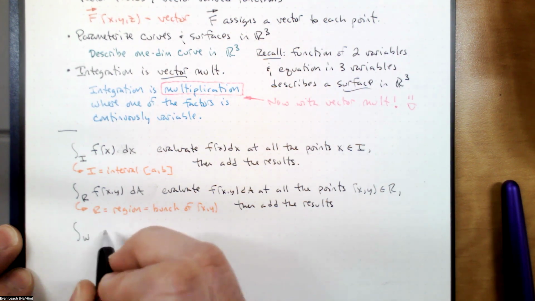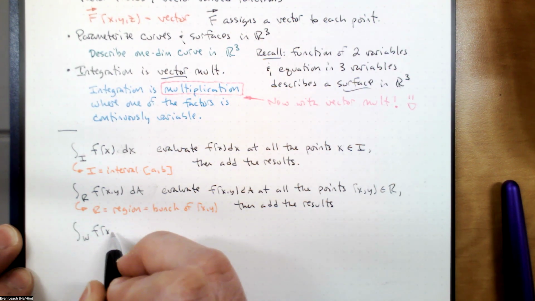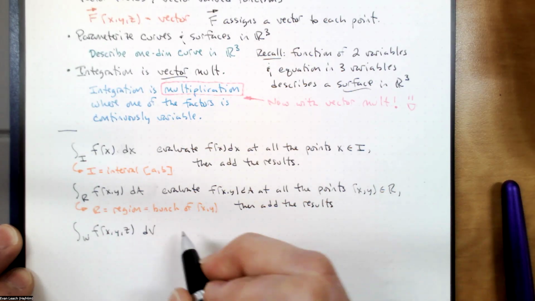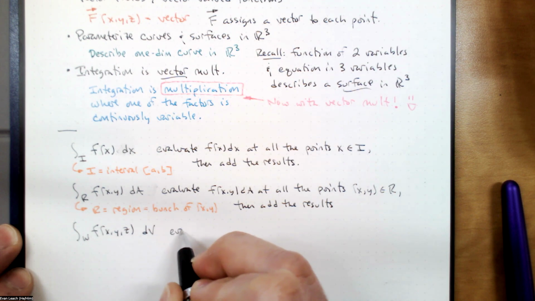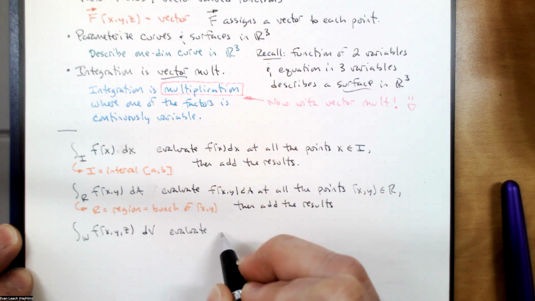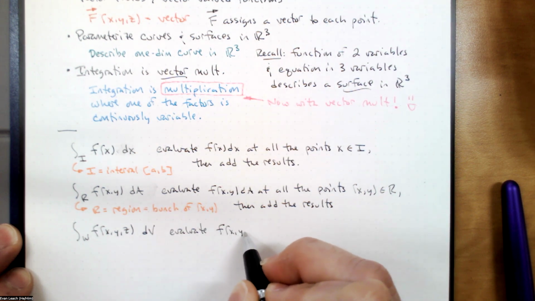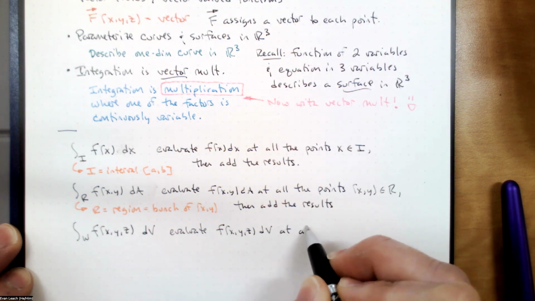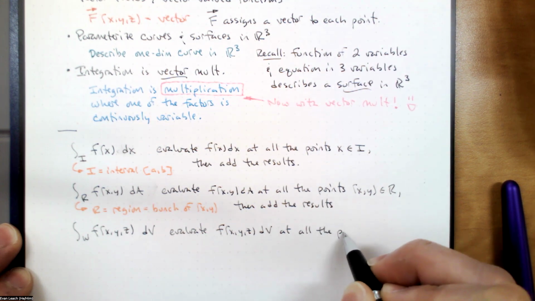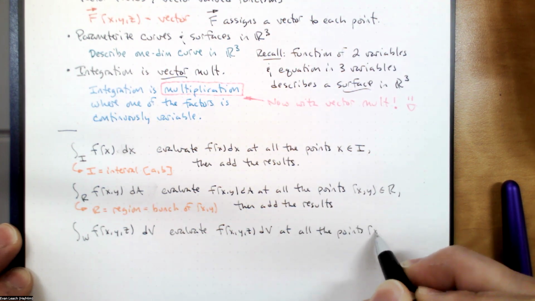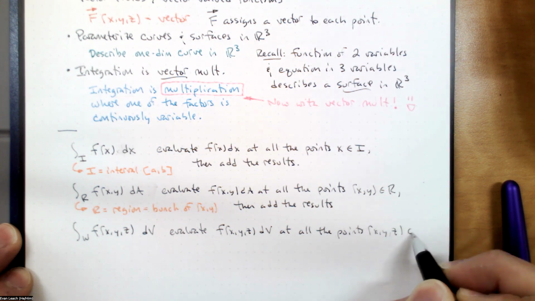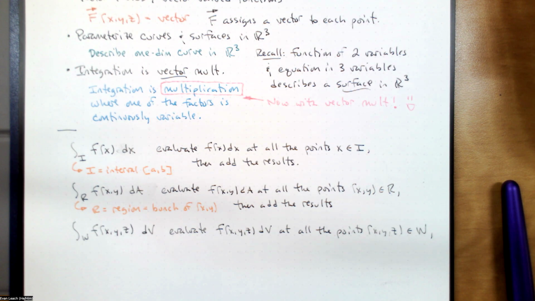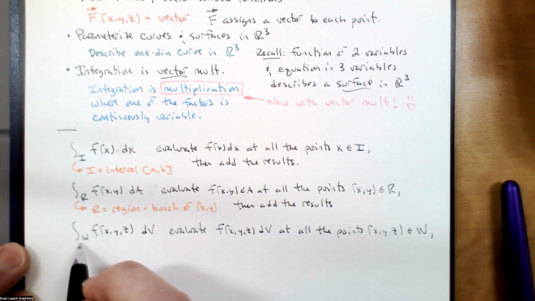When we have the integral over some solid W of a function of three variables, we evaluate the expression f of x, y, z dV at all the points x, y, z in the solid W. Then add the results, because W is just some solid.